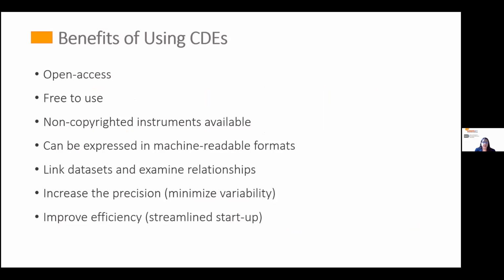If we have validated instruments that are copyrighted, you will find a document called Notice of Copyright, or Instrument Information, which tells you everything about that instrument, including where to find it. There's a link to the place that holds or owns the copyright. It has a brief summary of what the instrument is, the benefits, and I think a little bit of how it is scored. General information like that is very helpful. I used CDEs in the past before I came to NIH, so that was a very important document.